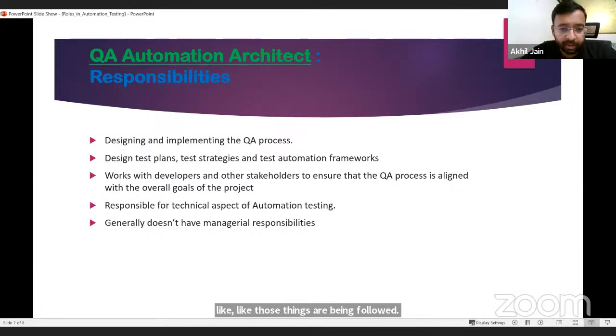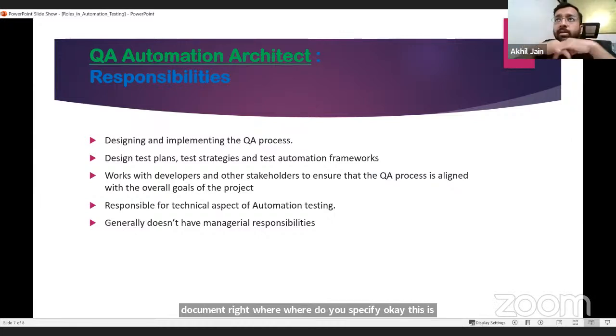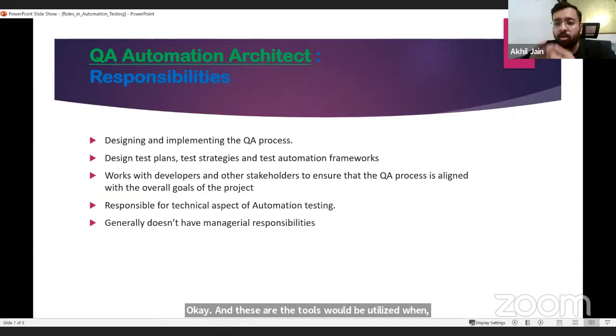Now coming next, let's say there's a test strategy document, a general document where you specify how things will be, how the flow of work would be, and what tools would be utilized when working on a specific area.